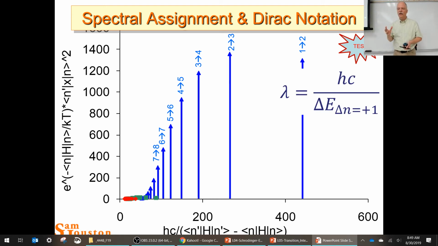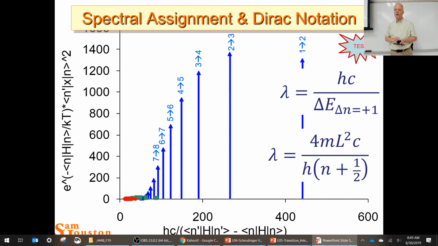And so taking that transition equation and writing it in terms of wavelength, then we have this 4 pi L squared C over H, and N plus 1/2 is in the denominator. And so as N gets bigger, you see the wavelength gets shorter and shorter and shorter. But what's nice about this is if you have the transition, the fundamental transition, and you have the mass of the particle, you could solve for L, right?